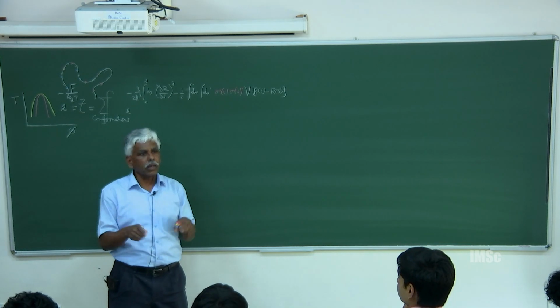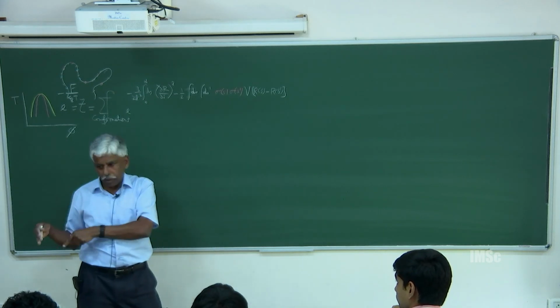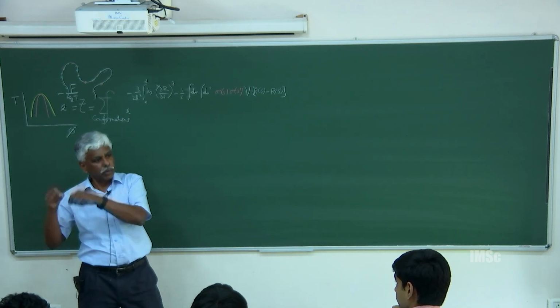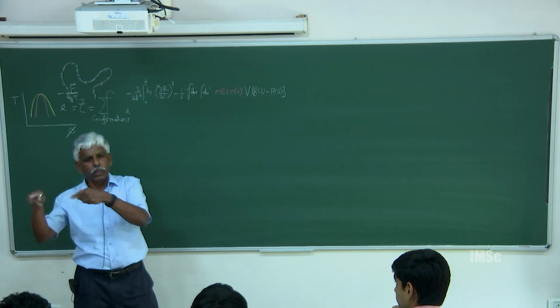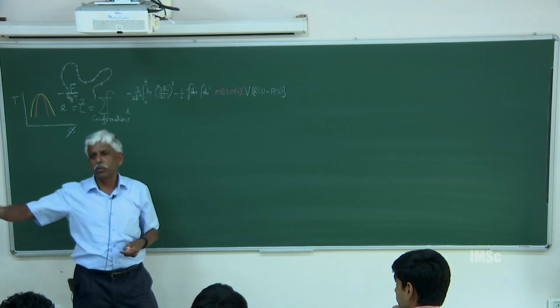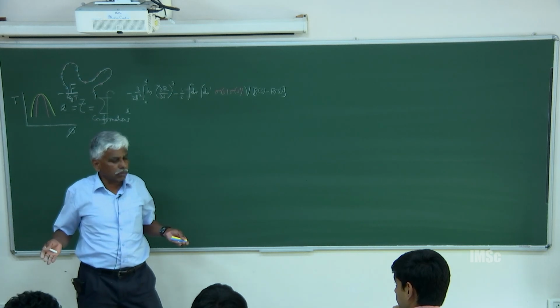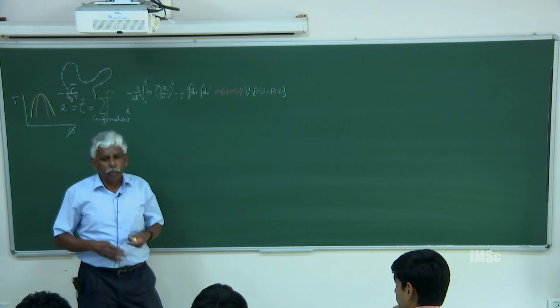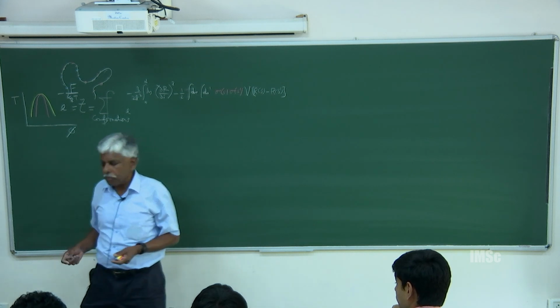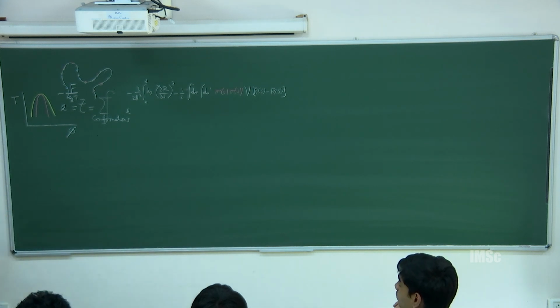The chemical potential of component 1 will be different from that of component 2. But for a particular component in multiple coexisting phases, the chemical potential should be the same. If it's not the same, then the system is not in equilibrium, and it will evolve to make sure the chemical potential is the same. Okay, that's basically the summary of what we did.